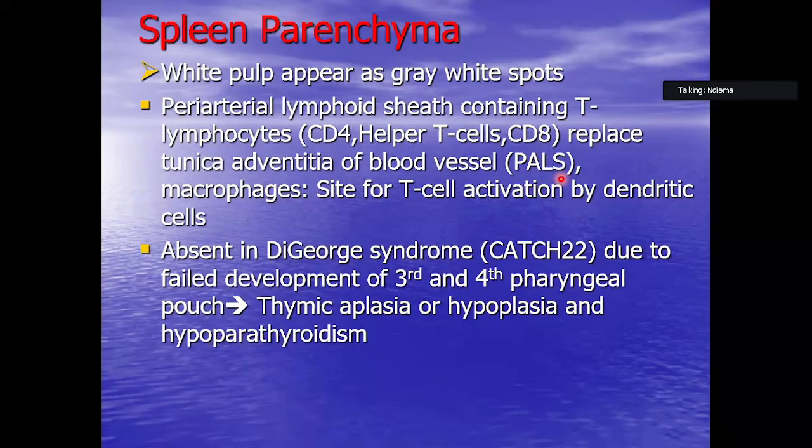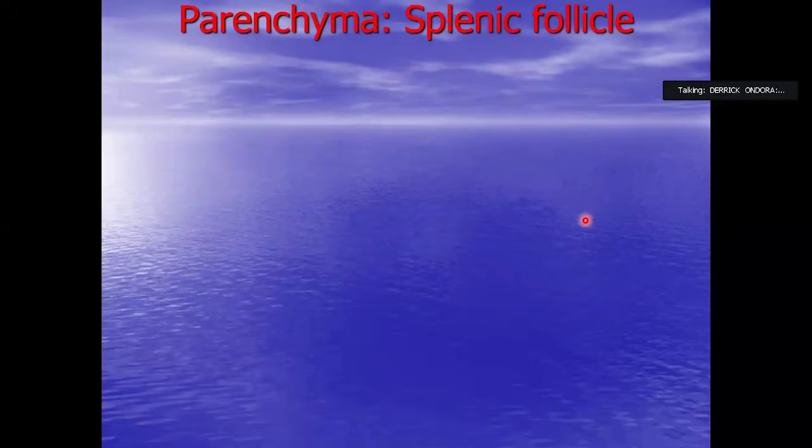Sometimes we have absent spleen in what we call DiGeorge syndrome, and this is mainly phase one, the pharyngeal arches development, but also involves the spleen as part of the syndrome of the DiGeorge syndrome.